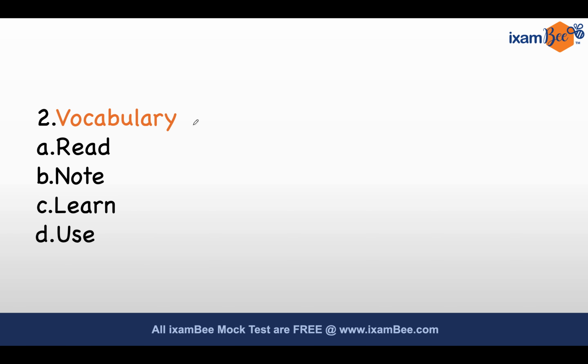You find out the meaning of the word abject. Don't stop here. Try to find out the synonyms, the antonyms, the adjective form, the noun form, right? In that way, your vocabulary is expanding. That is what we need.